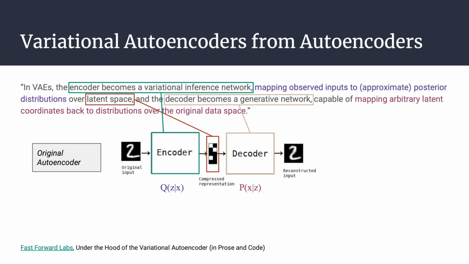But what does that mean exactly? When we were looking at the autoencoder, it had an encoder, and then that created some kind of compressed latent space representation, and that was decoded into the original input or some other kind of output that you're looking for.